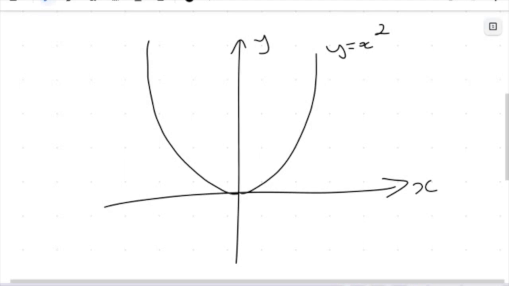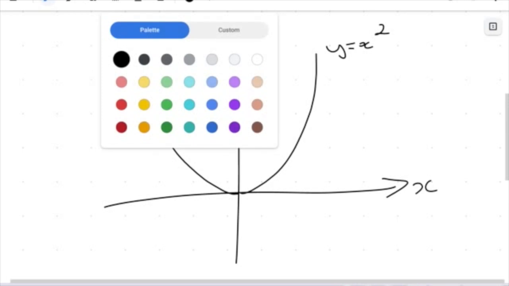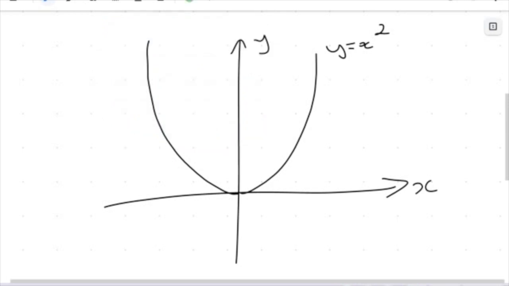This is just a regular parabola, and we are going to draw a horizontal line through, and in the same way as with our vertical line test, it's going to tell us something about our inverse, or whether this can have an inverse.